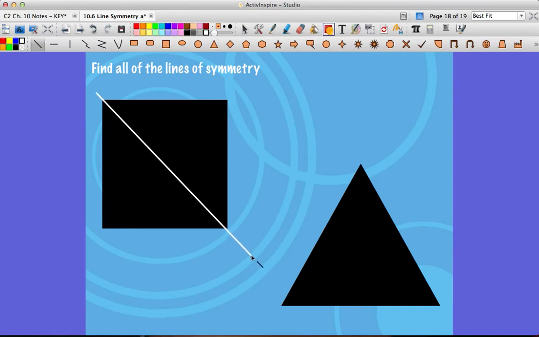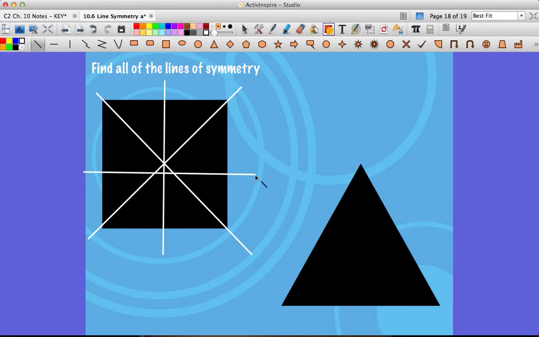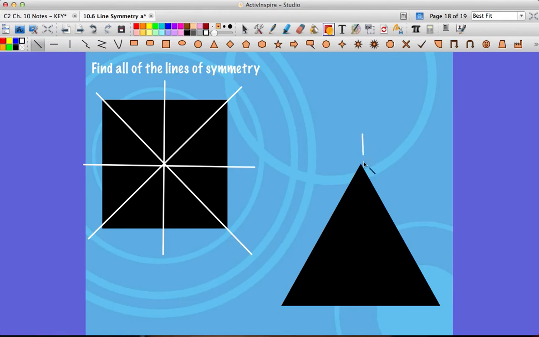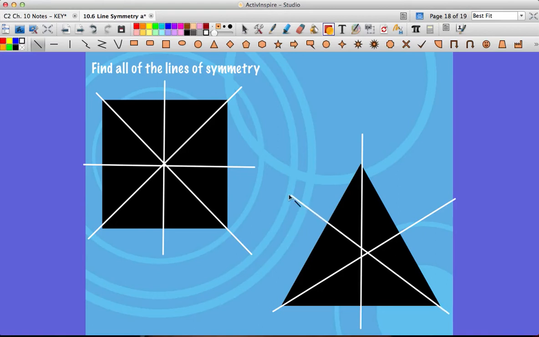You should have found that you have 1, 2, 3, 4 lines of symmetry on the square, and then on the triangle you have 1, 2, 3 lines of symmetry.